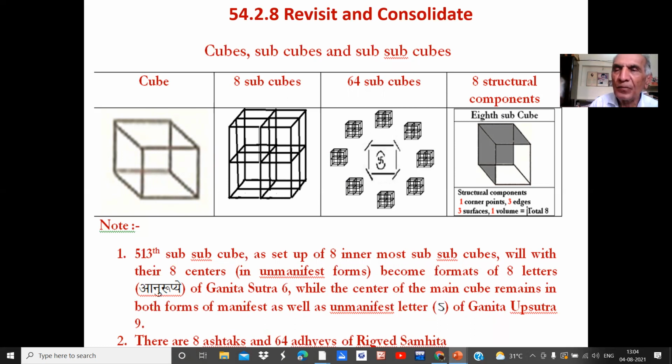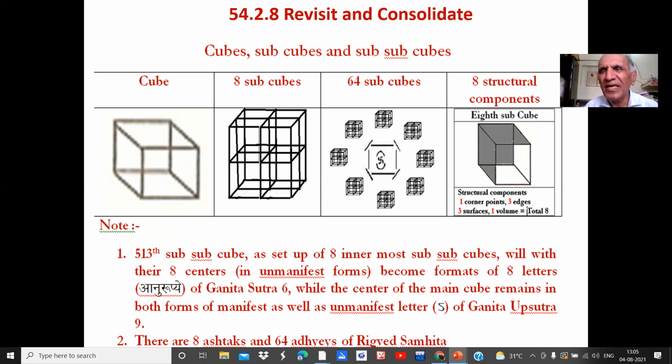So we can have a faith with conviction that this setup, this manifestation of the cube will firstly take us to 8 subcubes, and then each subcube will take to 8 subcubes, making a setup of 64 subcubes.